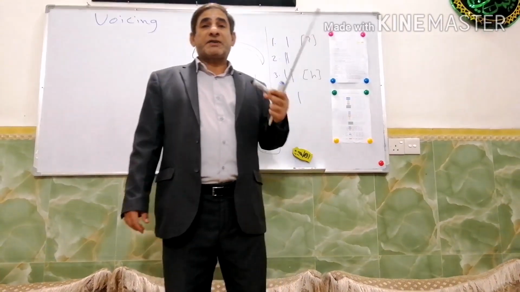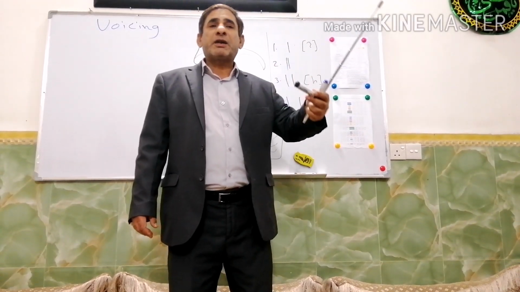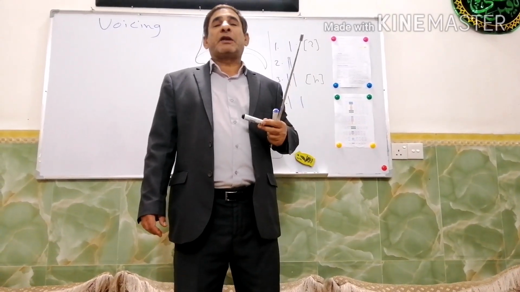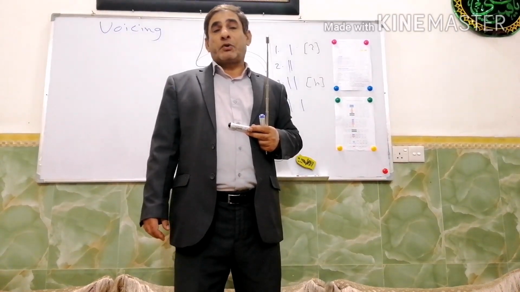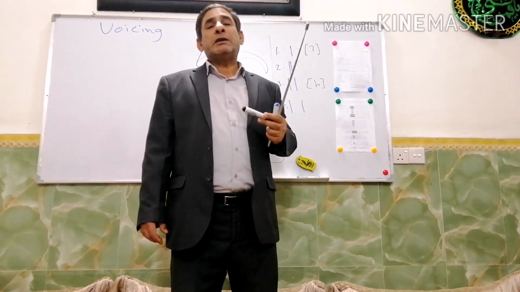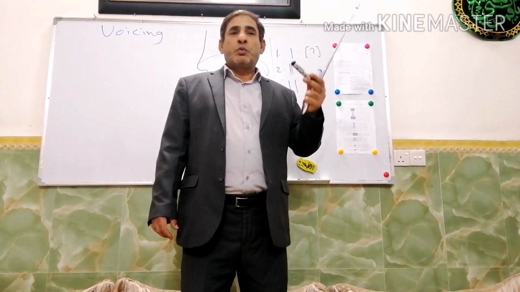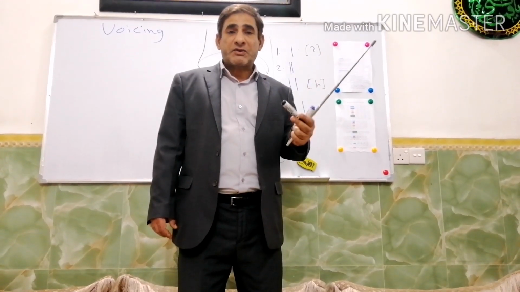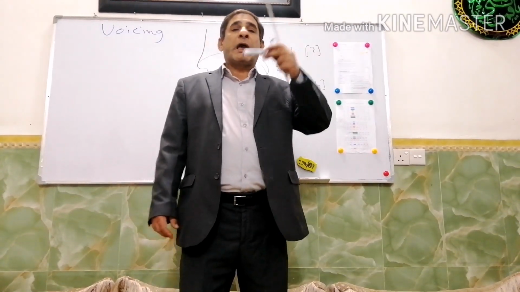These are called Fortis consonants. And the other type is called Lenis. So those consonants which are produced with less effort, with relaxed muscles, are called Lenis. So we have here Fortis and Lenis.